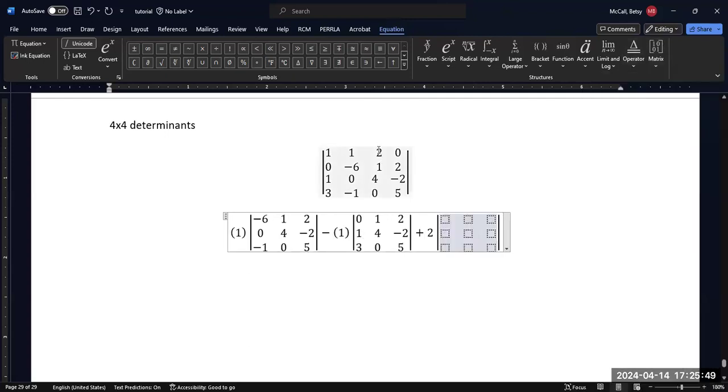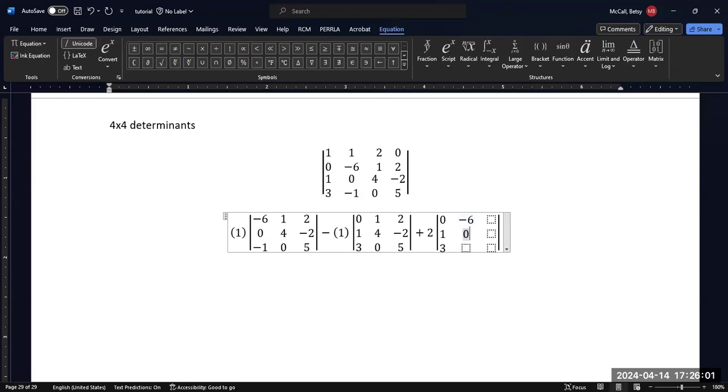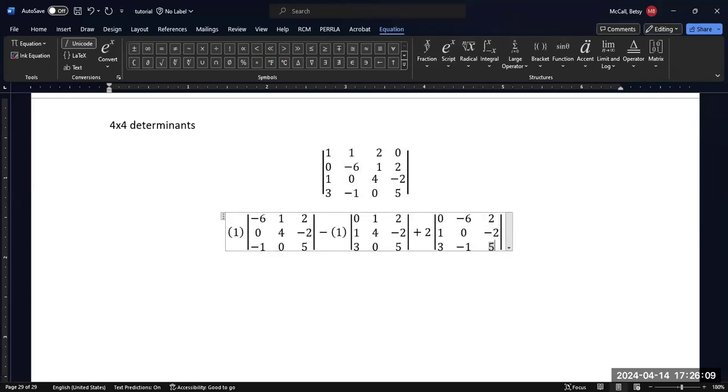And now I'm blocking out this column. So 0, 1, 3, and -6, 0, -1. This one's out, and I end up with 2, -2, 5.